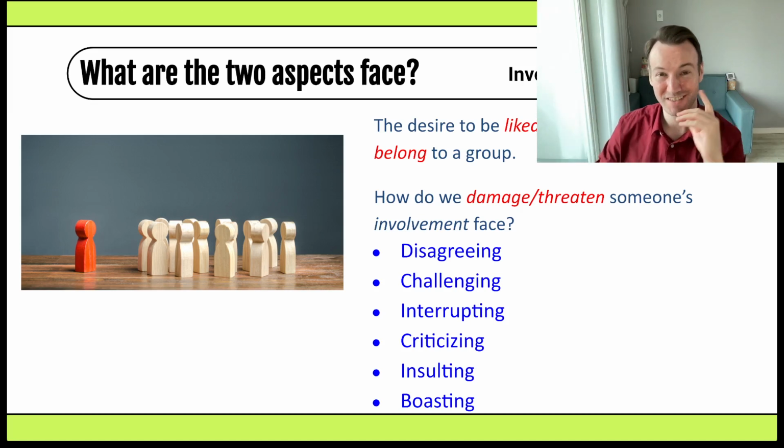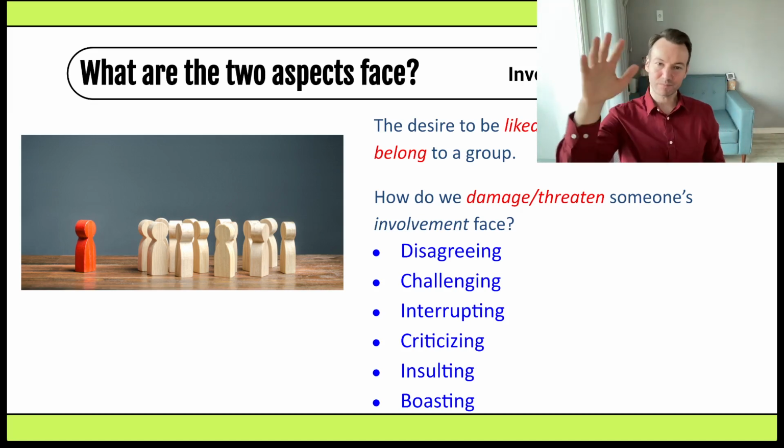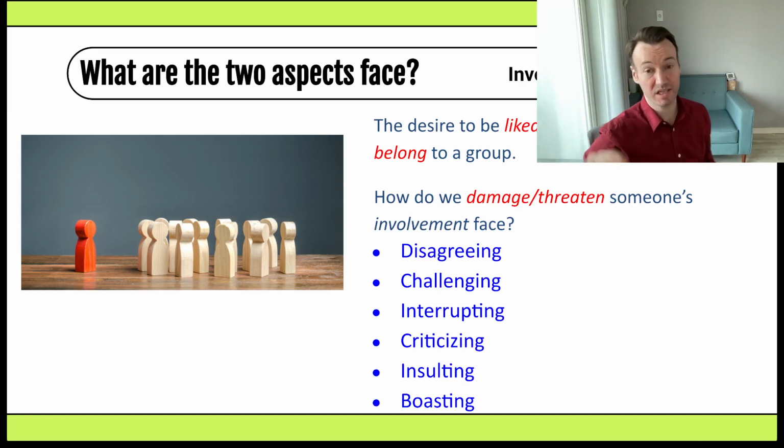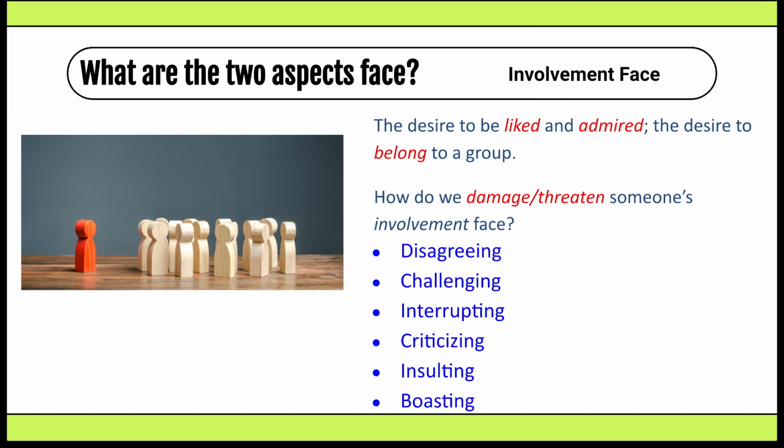Maybe this is intentional, maybe not. But these six things can damage the involvement face. The person feels upset or disrespected, or they have lost some dignity or some honor, or they have lost status.